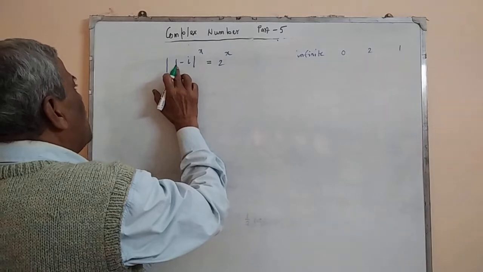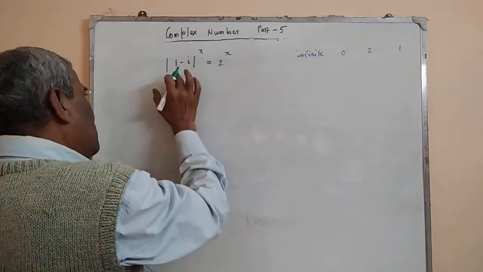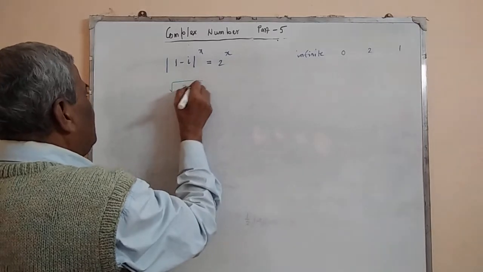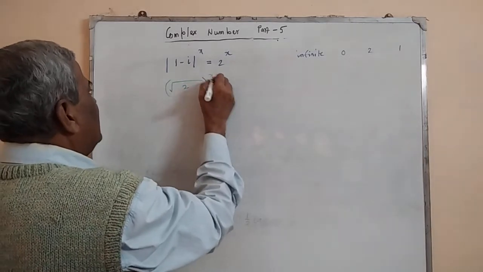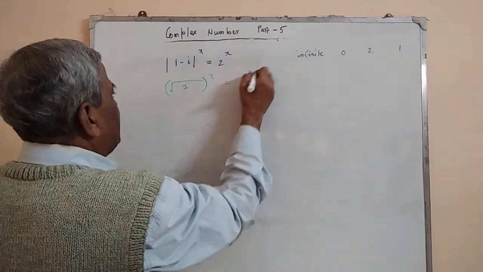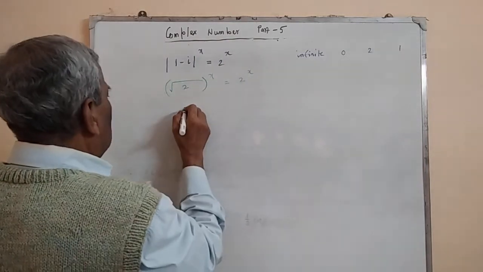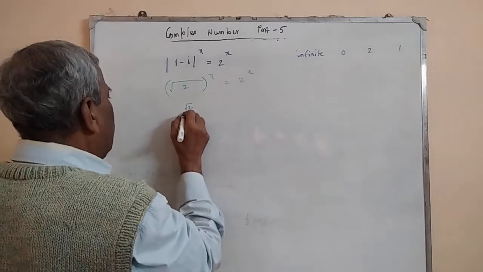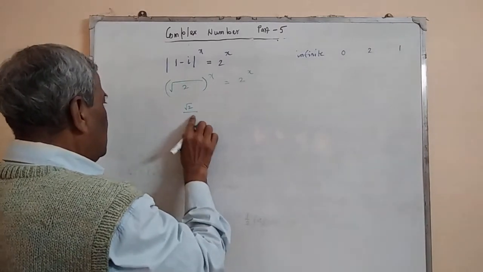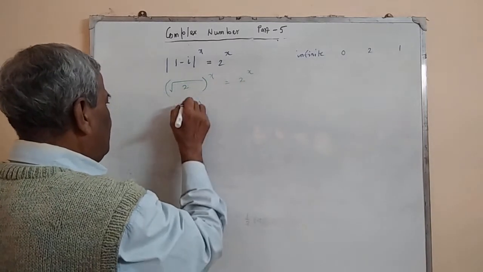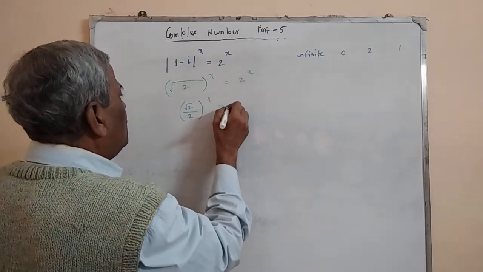This is equal to modulus of 1 minus i, that is root 2, to the power x, is equal to 2 to the power x. It means root 2 to the power x by 2 to the power x is equal to 1.